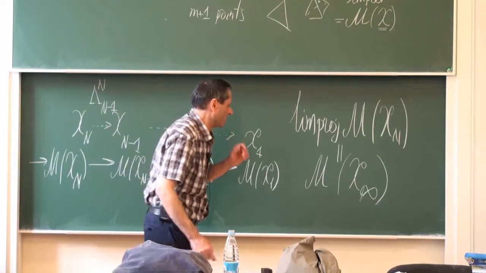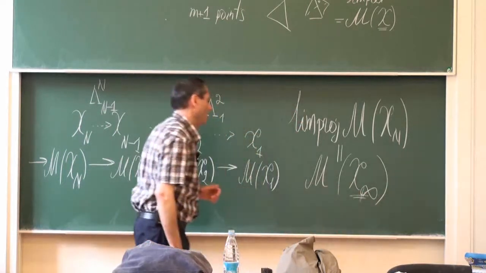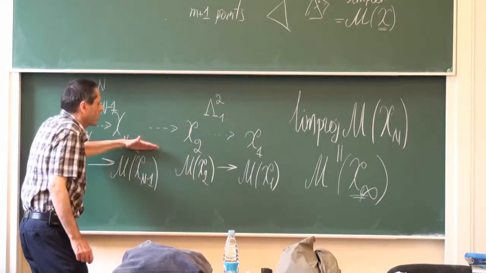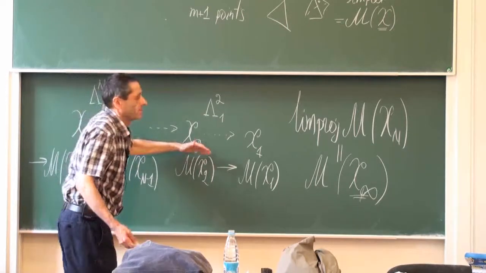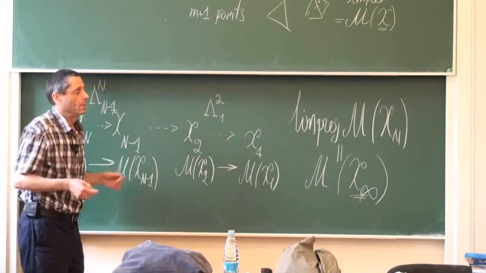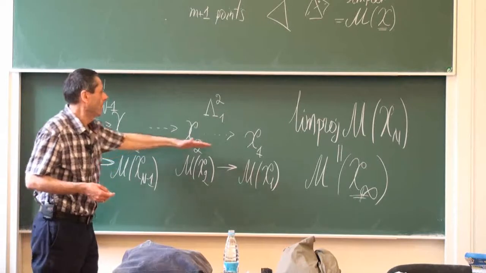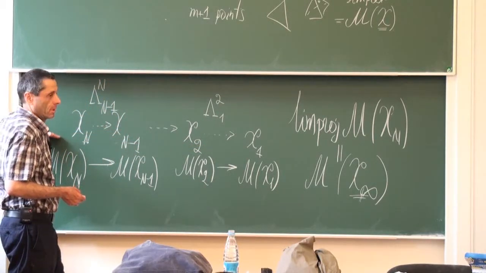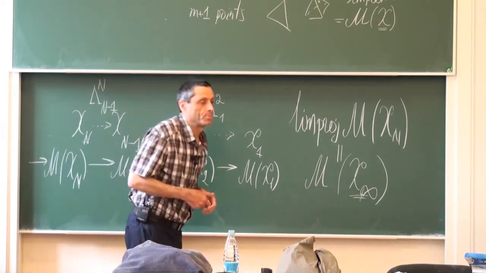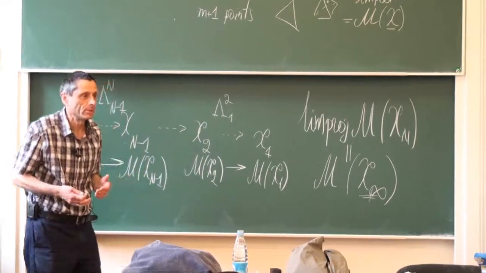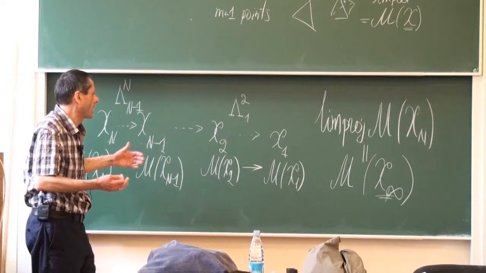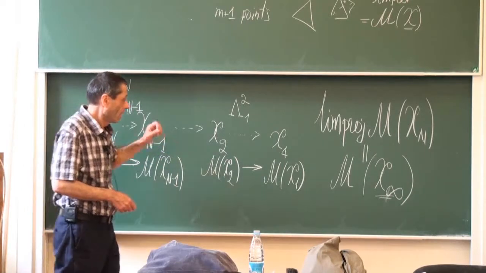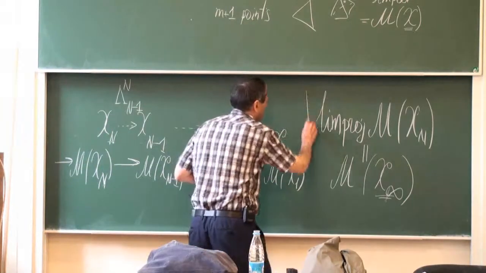And in this sense, this X infinity can be viewed as a projective limit, in the sense of category theory, of this object in the category where the objects are measurable spaces and morphisms are Markov kernels. But it's not necessary to understand this claim. What we actually need is this claim.